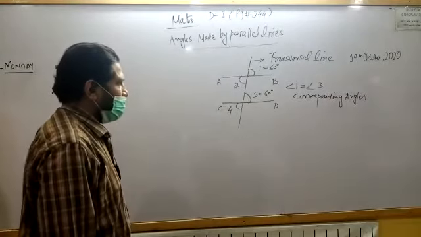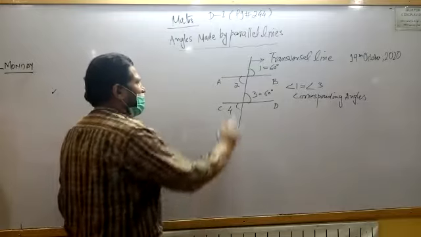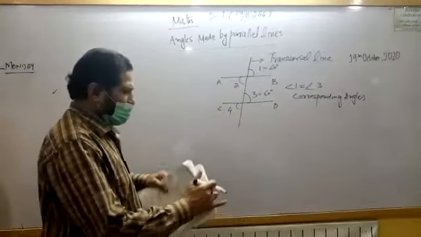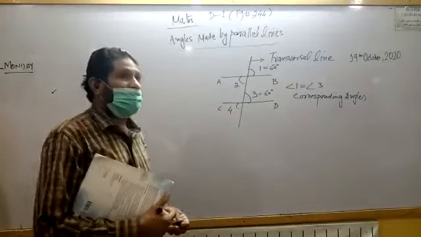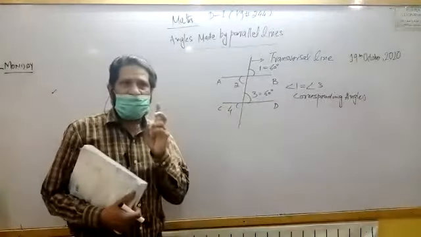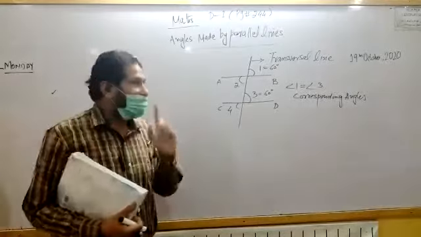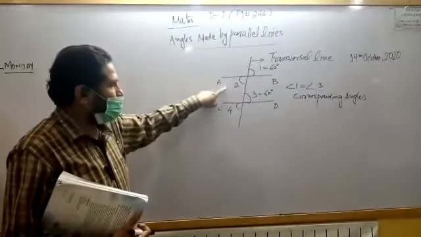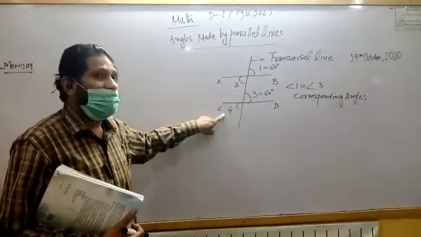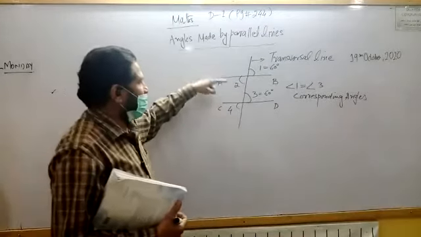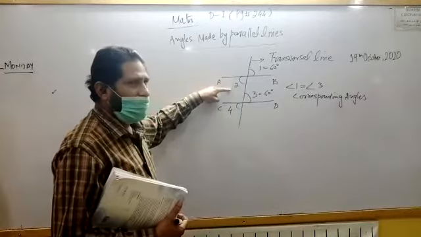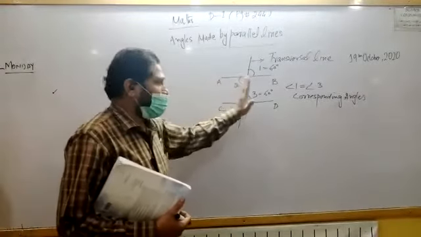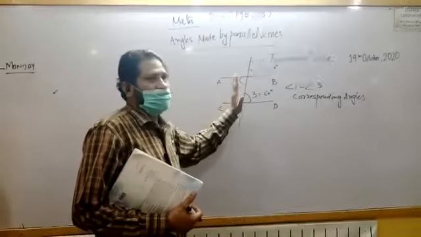Now, if we see angle number 2 and angle number 4, both of these are again on the same position. Whenever the angles are on the same position, then they are called corresponding angles. Even these angles 2 and 4 are on the same position. I mean 2 is below the parallel line and 4 is also below the parallel line, and both of them are on the left side of this transversal.